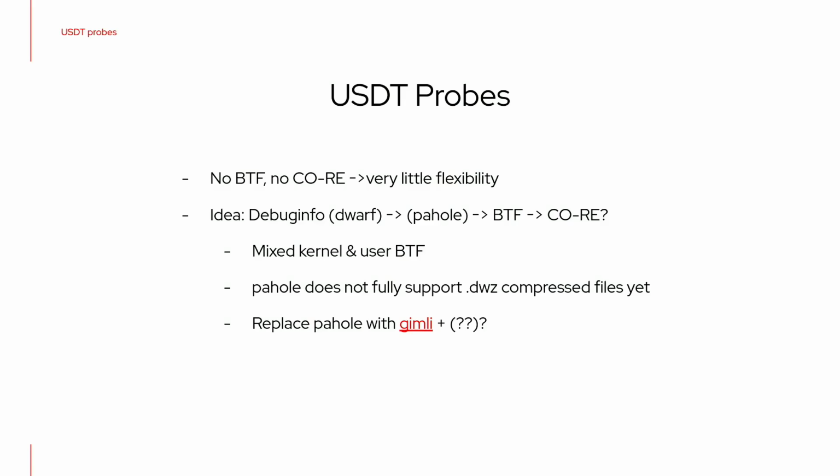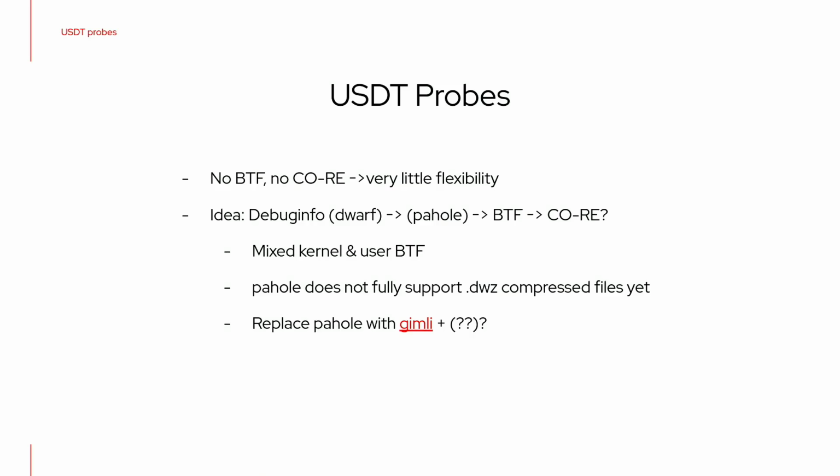So we had an idea that we have explored, and we want to explore a bit more, which is getting the debug information, the DWARF information, from the debug package, transforming it with tools such as pahole into BTF, and then doing CO-RE. libbpf supports doing queries with whatever valid BTF we can build up. So in theory, it could work.